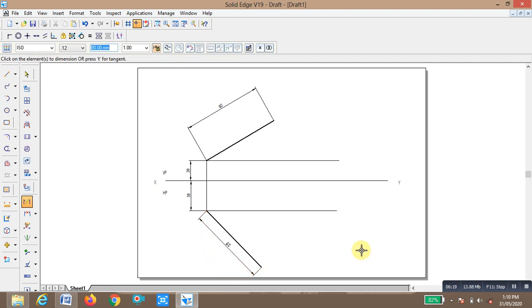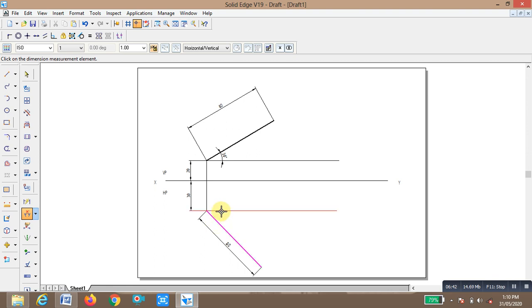Once we draw the true length in the front view and the true length in the top view, mention the angles and confirm whether they are there or not. This makes an angle of 30 degrees, it is correct. In the top view, the angle between these two lines is 45 degrees, it is there.